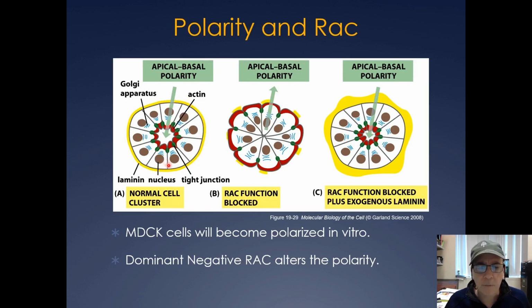If you block RAC function, the polarity can actually change, and then if you overexpress laminin on the outside here, even if RAC function is blocked, it'll still form in the right polarized manner, right?